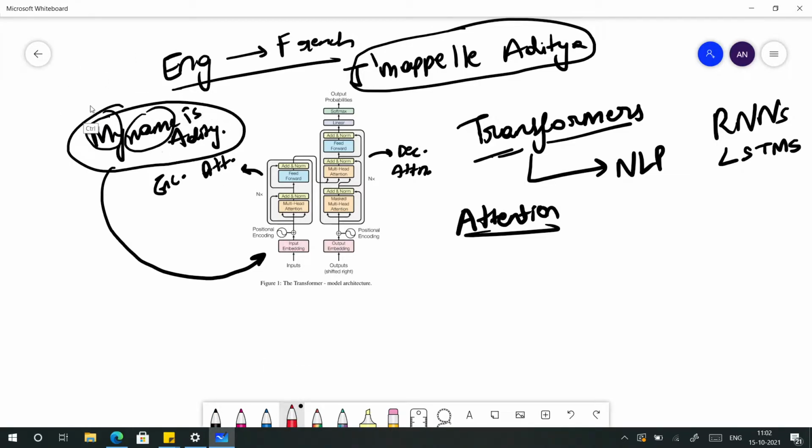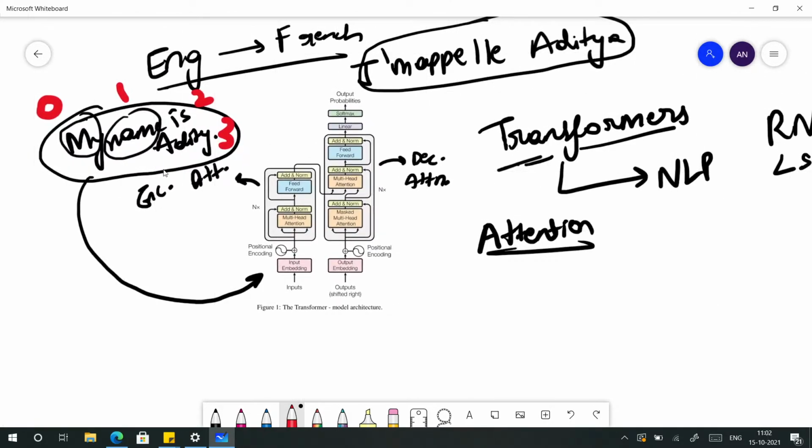So I'm going to give each word a number. After that I'm going to give the position to each number. The numbers need not be in a sequence like this.